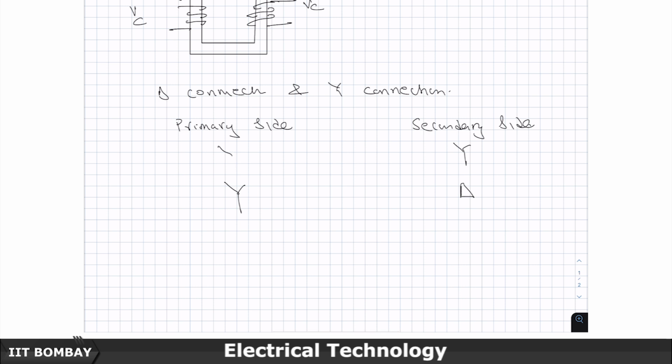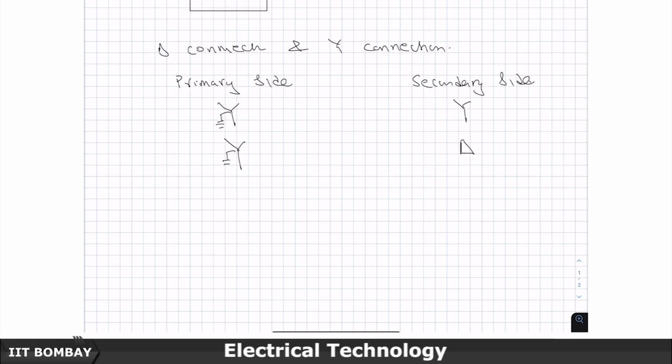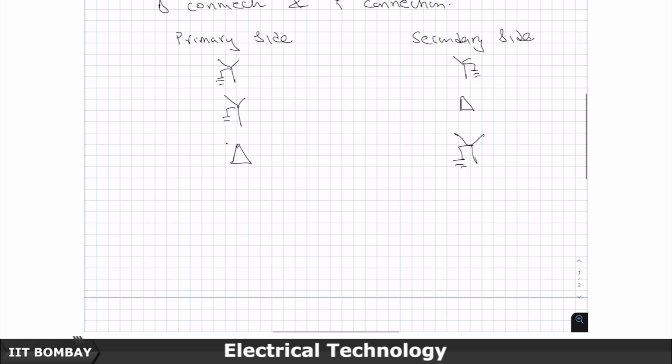Usually it will be grounded through, so, or this side also I am grounding it, or you have this in delta, this in star, or you could have a delta delta connection.